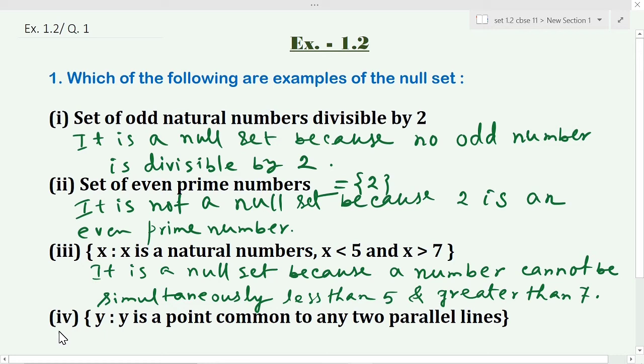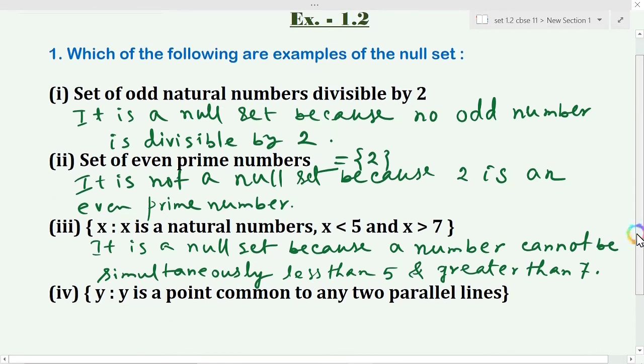Now question number 4. y such that y is a point common to any two parallel lines. So y is a point common to any two parallel lines. Now if AB and CD are two parallel lines, they never intersect.